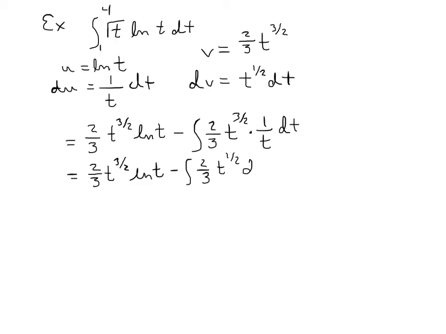Okay, now I can integrate that. So I've got 2/3 t to the 3/2 natural log of t minus, I'll add 1 to that exponent. So adding 1 to 1/2, I get 3/2. And then I've got to multiply by another 2/3. That would give me 4/9 out in front.